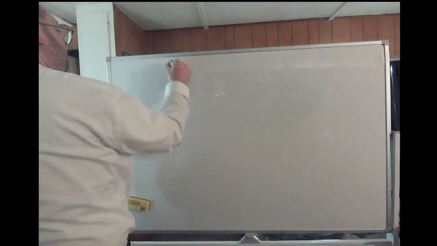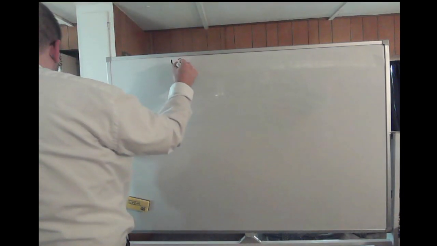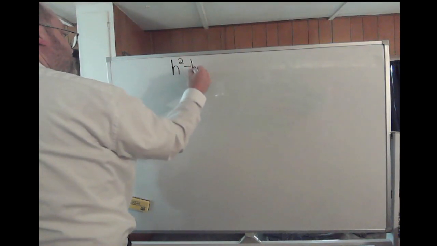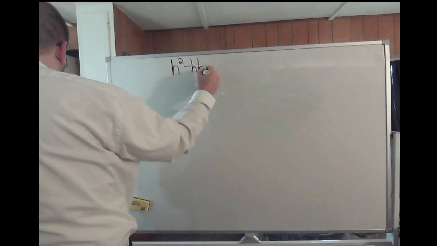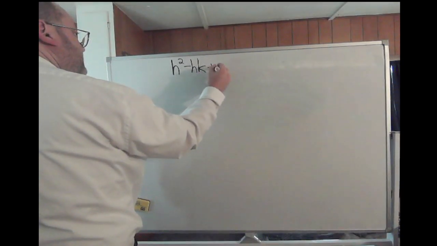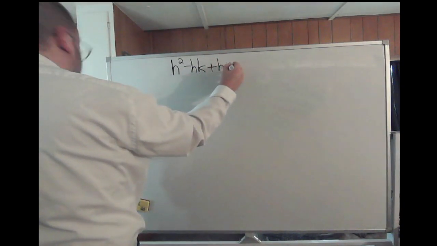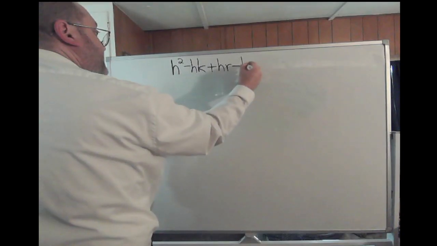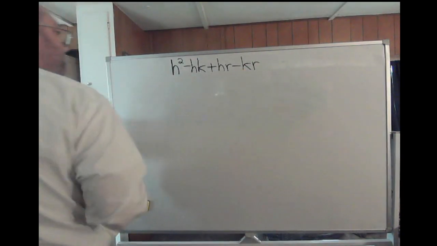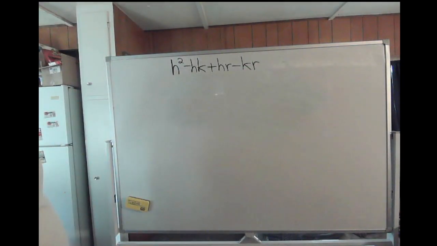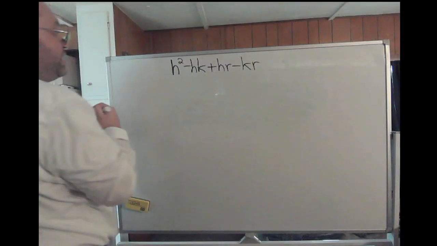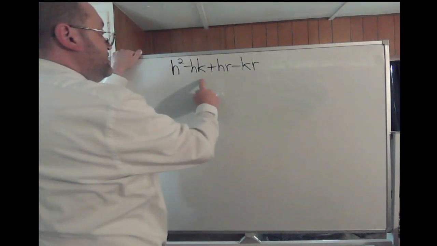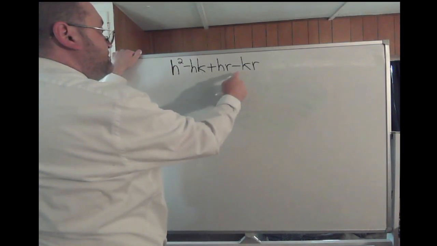Let's see, we have h squared minus hk plus hr minus kr. Alright, so we got h squared minus hk plus hr minus kr.